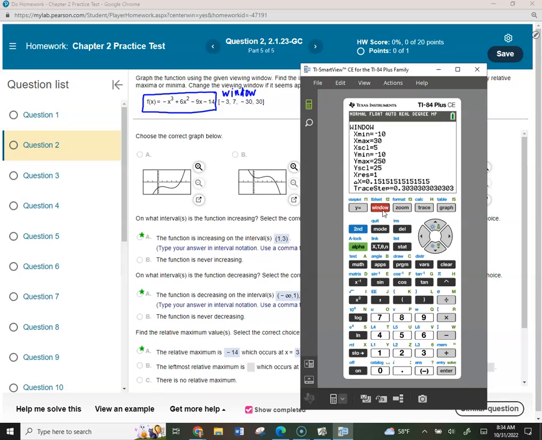The way the window is laid out is always x min, x max, y min, y max. So you got -3, 7. Your x and y scale by default need to be 1, unless they tell you otherwise. Then you hit graph.